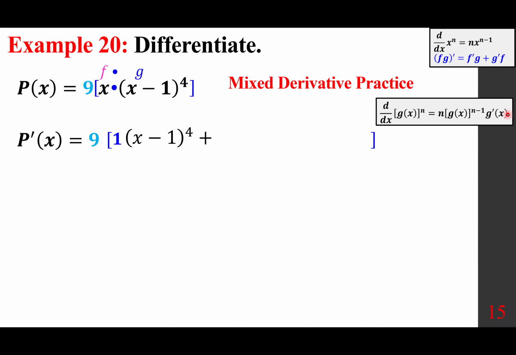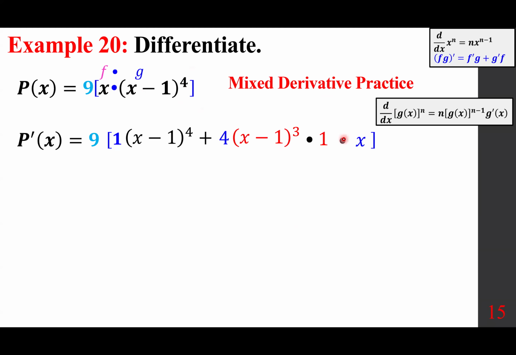Now I'm going to use the extended power rule: 4(x minus 1) cubed times the derivative of the inside. Although it's 1, I like to write it because I don't want to make a mistake. Now I'm done with that, times f, which is x.